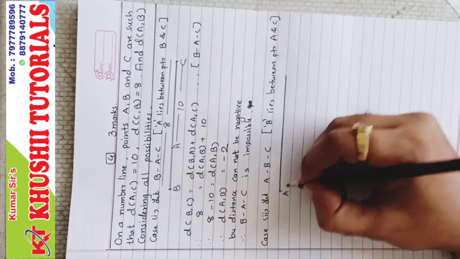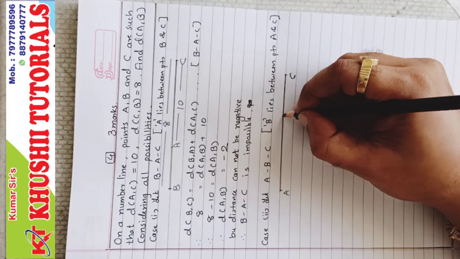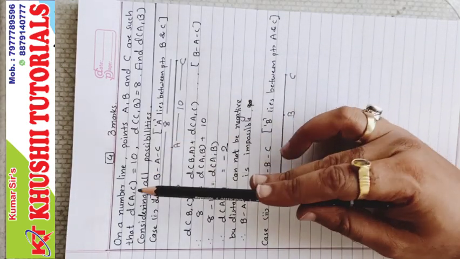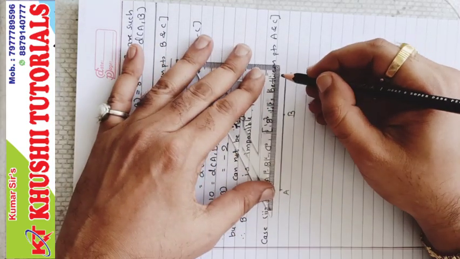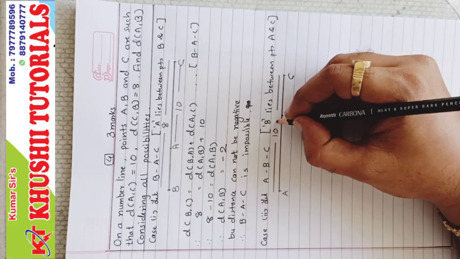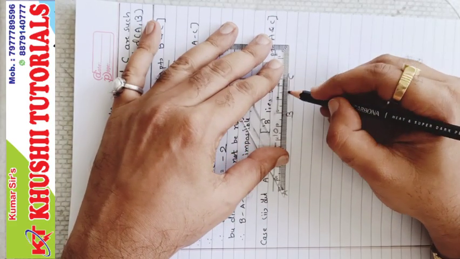Now A and C and B will be somewhere here. I'll take it here. Now AC is 10, BC is 8.